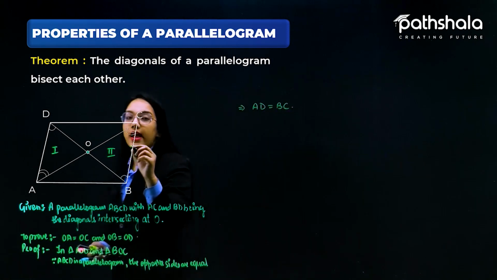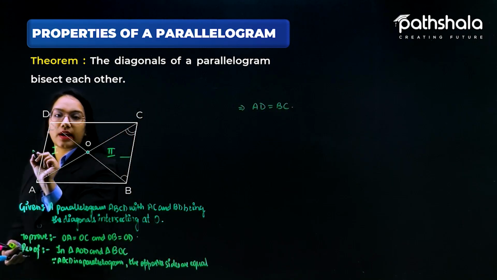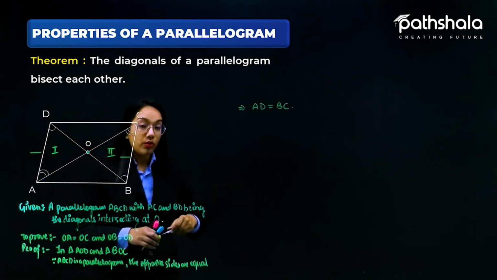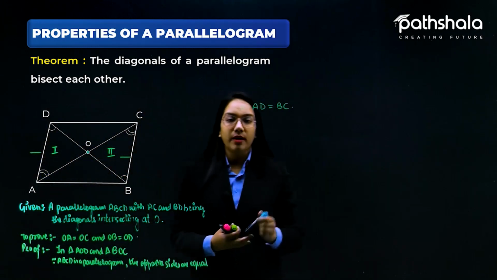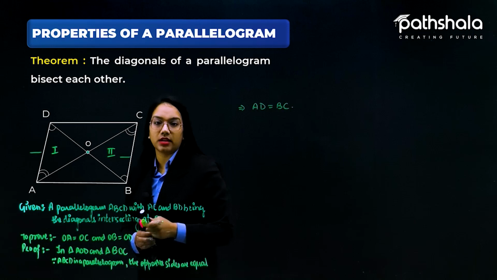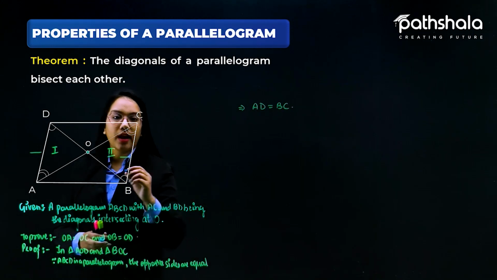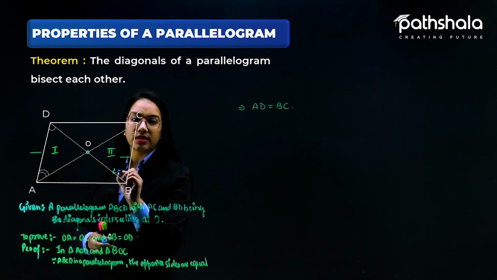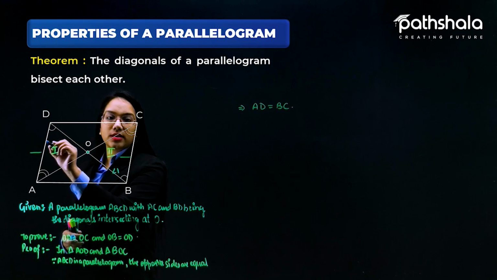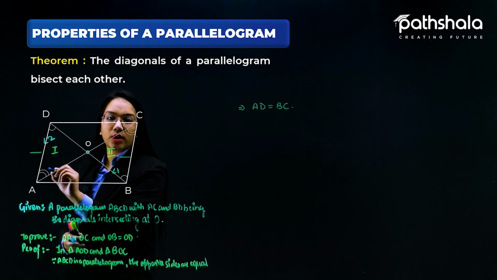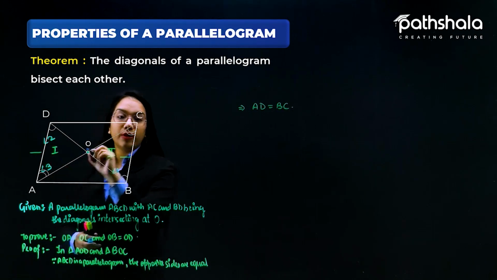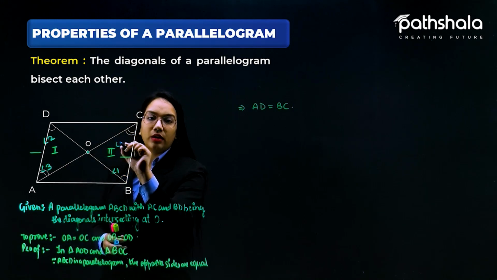We know that this side is equal to this side. Moreover, let me take these angles as angle 1 and angle 2, this one as angle 3, and this one as angle 4.